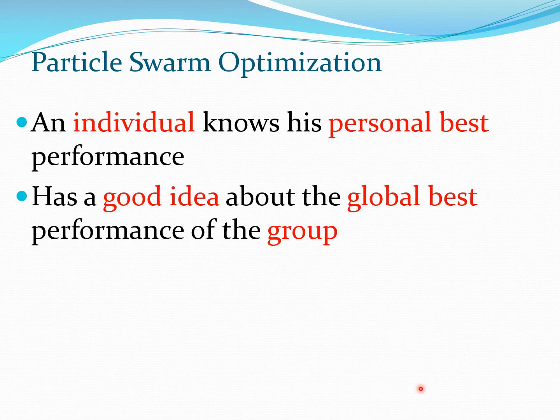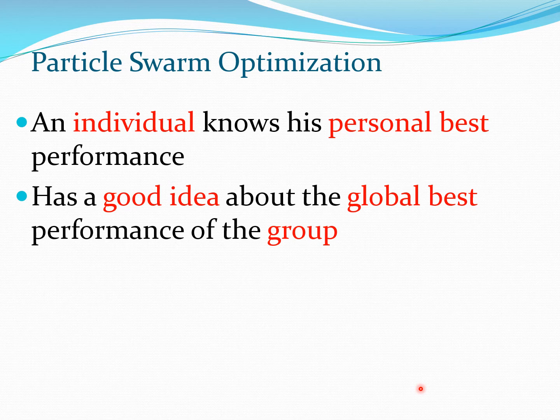So for example, to consider a case of students in a class, each person would know his or her marks or grades in the class till date, till today. And also this person would typically have a good concept or estimate of the best performance in this entire class. So it's very typical that the students of the class would know the marks or grades obtained by the department topper.